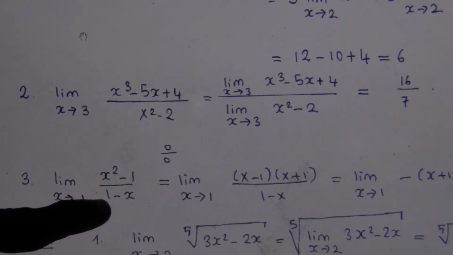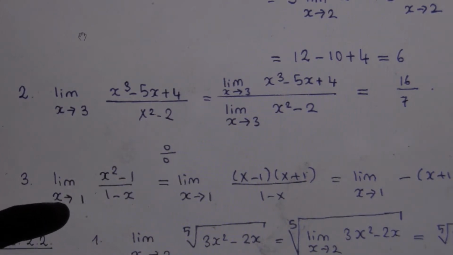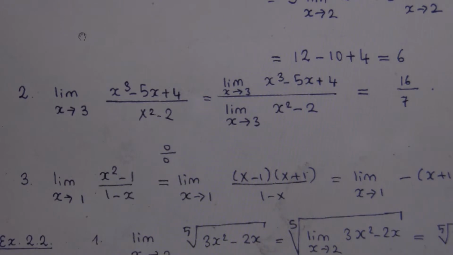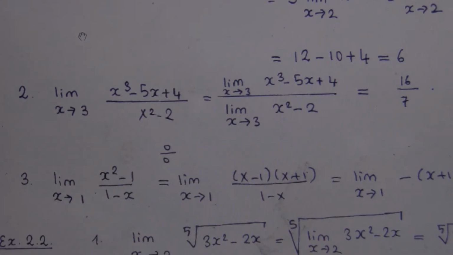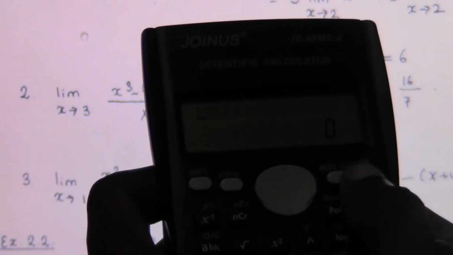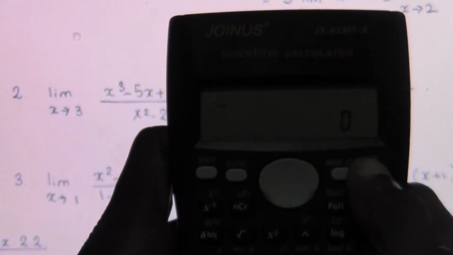So we have to plug in numbers very close to 1. So we'll do a test with 2 numbers, one slightly above 1 and one slightly below 1. And if we get the same answer, we know the limit exists, and that's the answer we have to work towards, right?